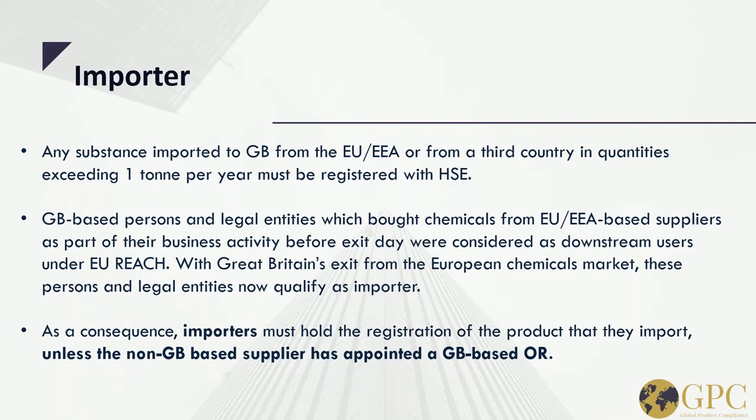That means that as importers, you must hold the registration for UK REACH for the product that you import, unless the non-GB-based manufacturer has appointed a GB-based OR that will do it for their substances.